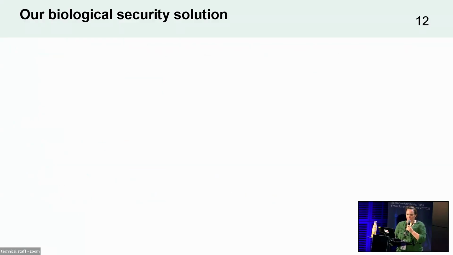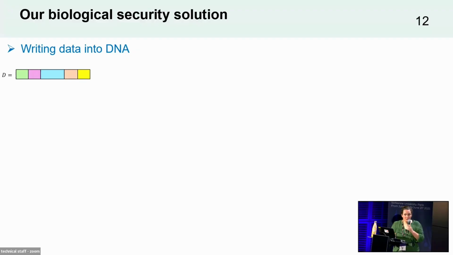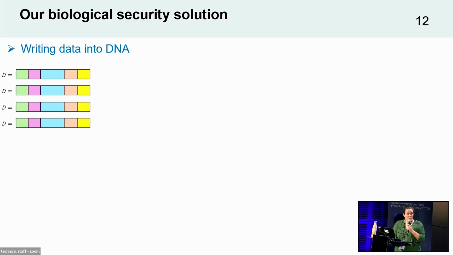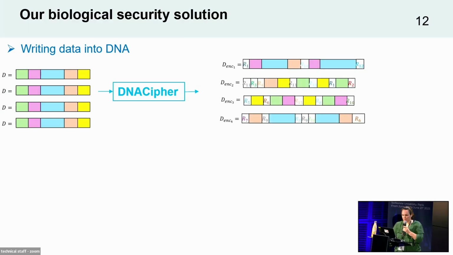So to write data into DNA, we take binary data, we encode it into a DNA sequence. The result is a sequence D with several data blocks. These copies of the DNA sequence are encrypted using different rotations and permutations.